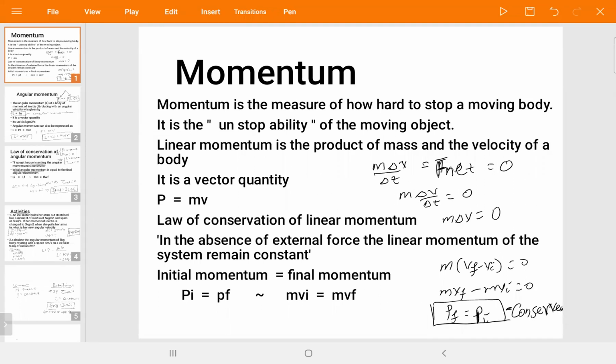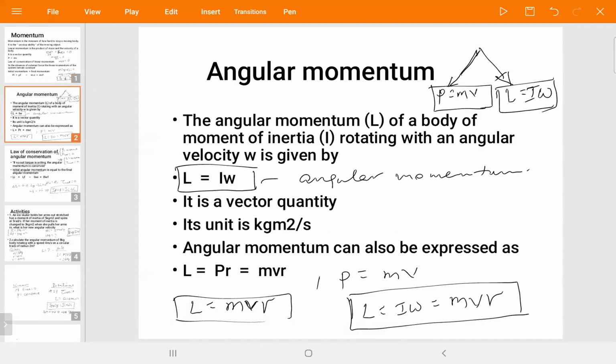Formally, we can state that in the absence of external force, the linear momentum of the system remains constant, which means initial momentum and final momentum have the same value. Momentum before and momentum after are equal, and we can say that momentum is conserved.